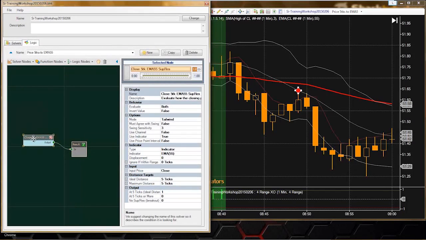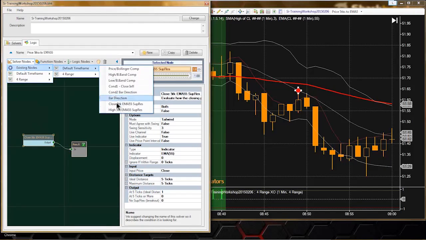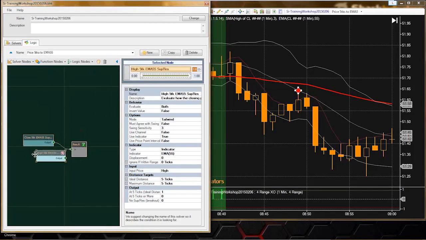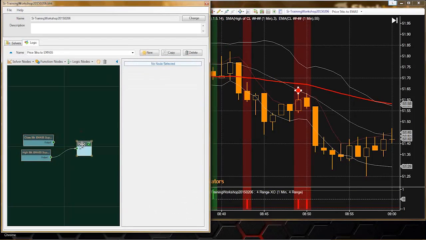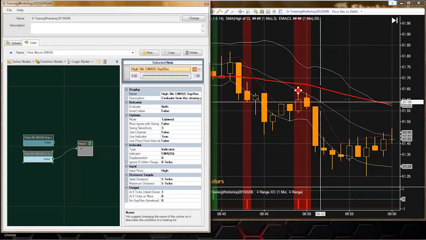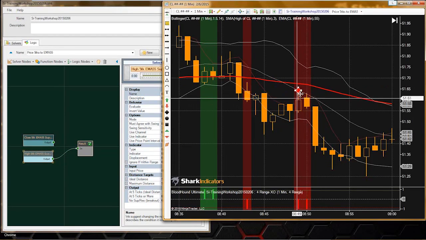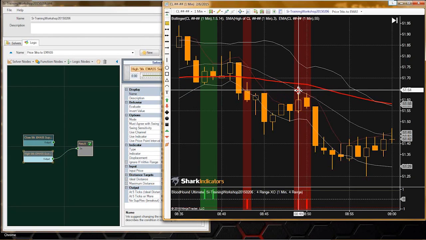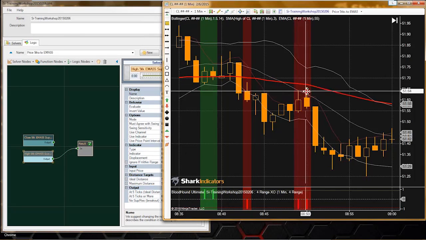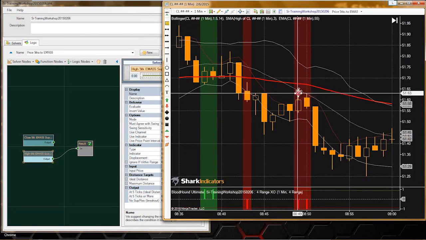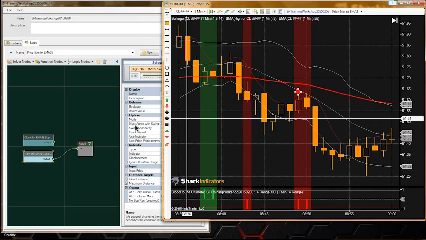Switch back over to my logic template, and I'll add that existing node on here. Okay, yeah, there we go. So now we got a couple of short signals here, and so we could have potentially gotten this bounce signal here off of that.